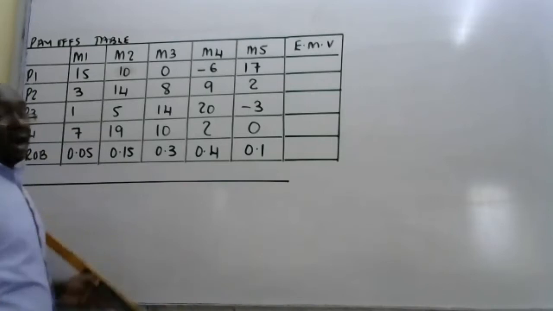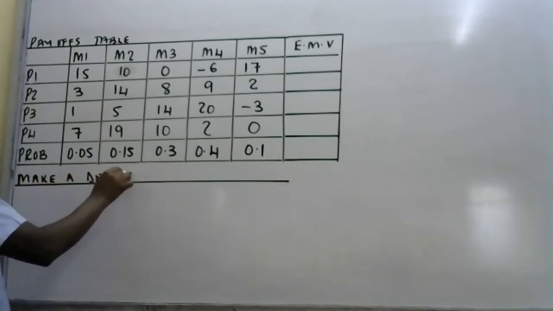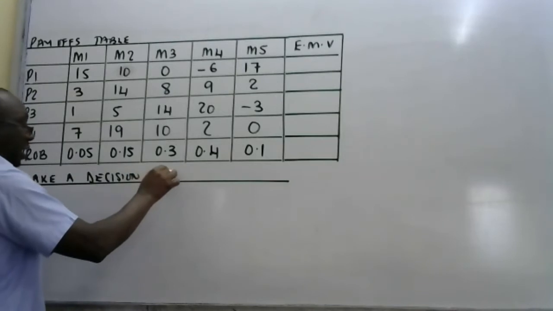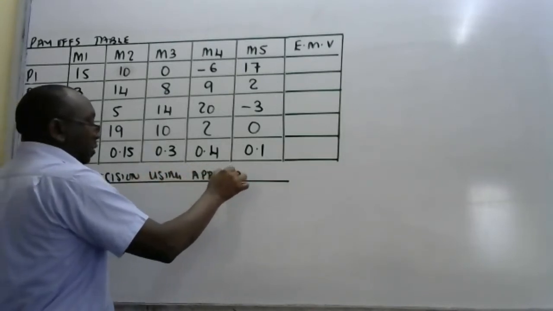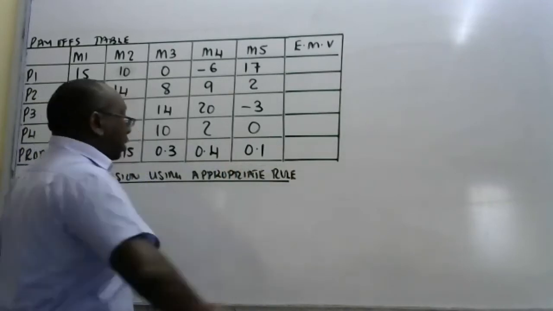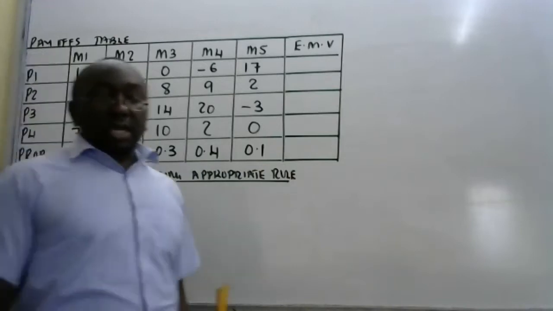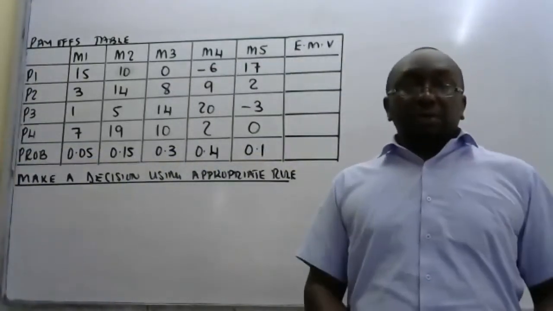The next step now after the summary is make a decision using appropriate rule. You make a decision using appropriate rule. So there are several rules that are supposed to be used.